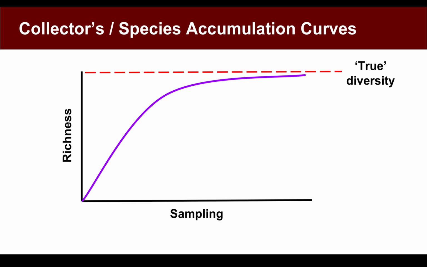For example, if we're thinking about gastropods, you've got some chance of capturing all the snails, but you're not going to capture any of the slugs, so we can't represent this as true diversity here. But generally we should be happy if we get to the level of asymptoting, because we're getting a good handle on things in practice.